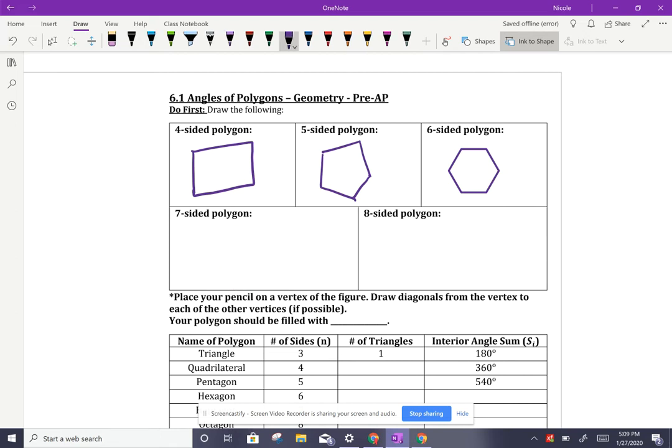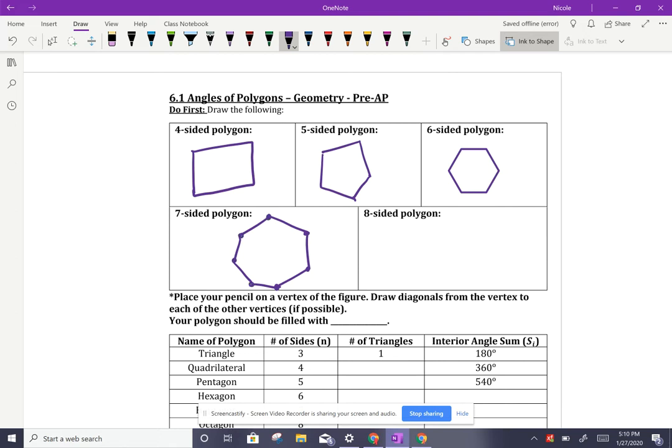Guys, this is not easy at all. Trust me. There we go, kind of. Anyway, I'm going to put little knots at my corners. That makes it a little easier to see them at least.